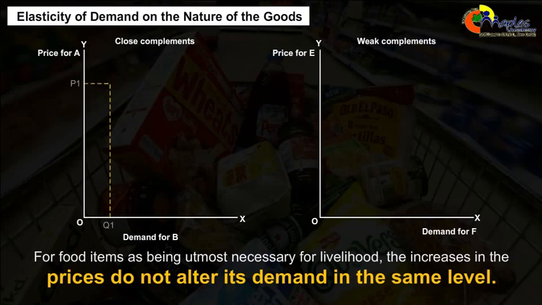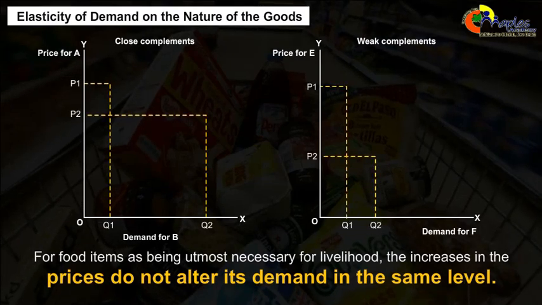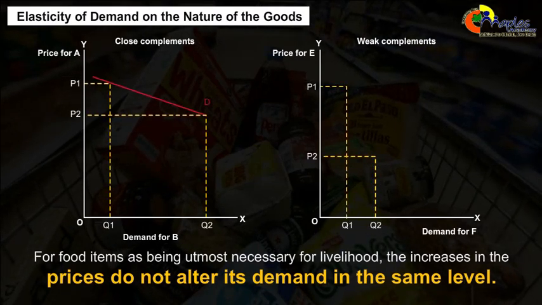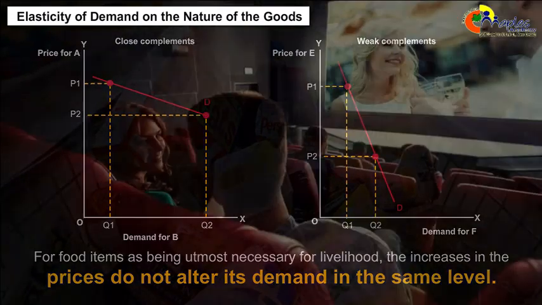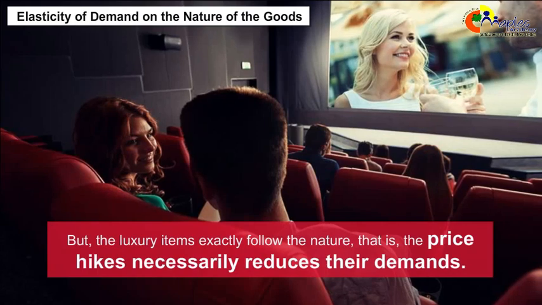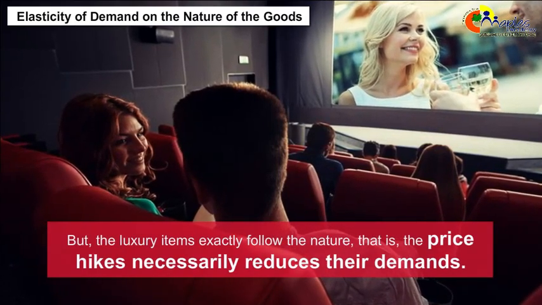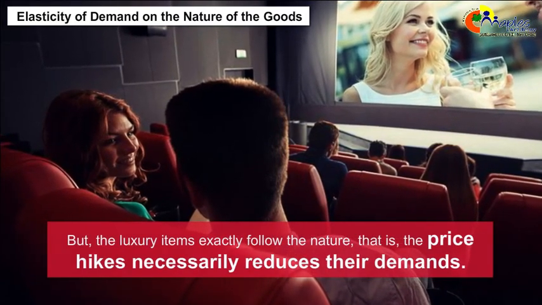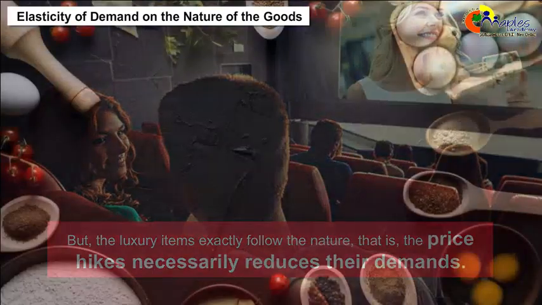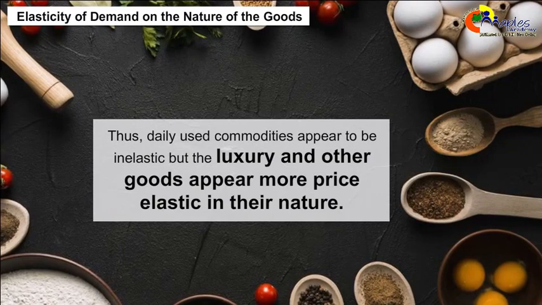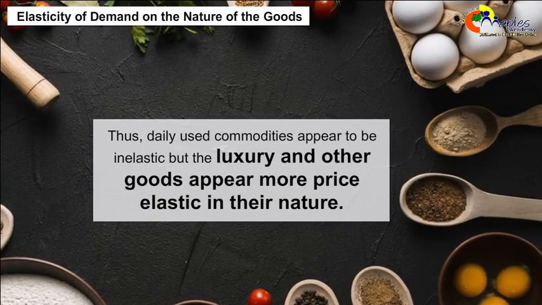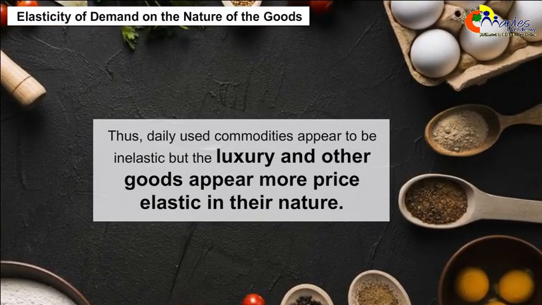For food items, being utmost necessary for livelihood, increases in prices do not alter demand to the same level. But luxury items follow the opposite nature. That is, price hikes necessarily reduce their demand. Thus, daily used commodities appear to be inelastic, but luxury and other goods appear more price elastic in nature.